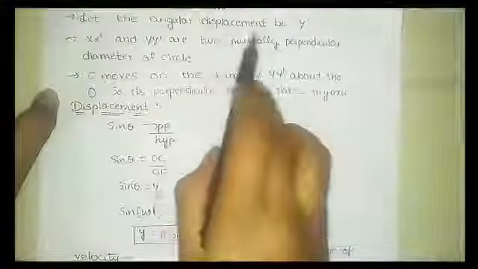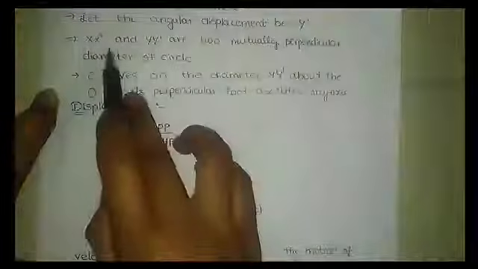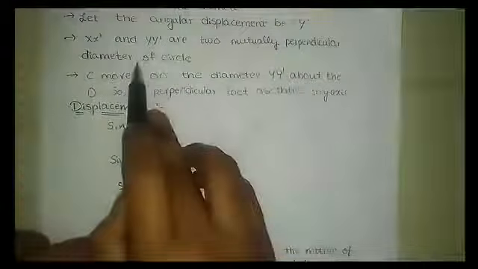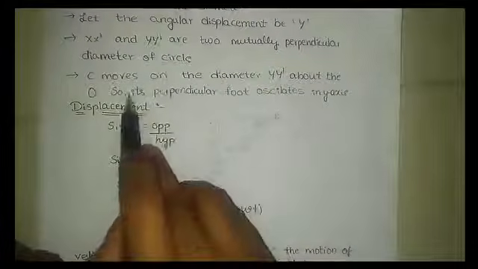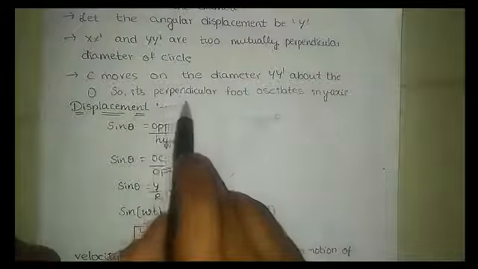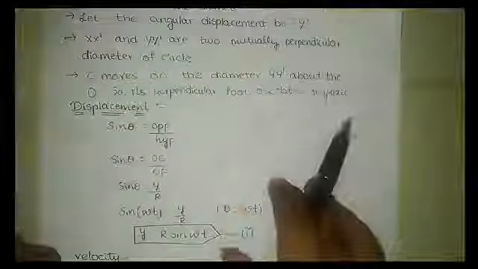Let the angular displacement be y, and x dash x and y dash y are two mutually perpendicular diameters of a circle. And C moves on the diameter yy about O. So its perpendicular foot oscillates on the y-axis, which I have explained before.